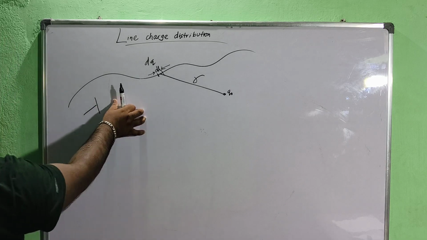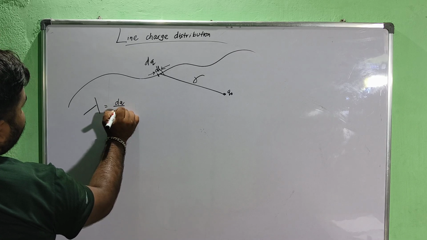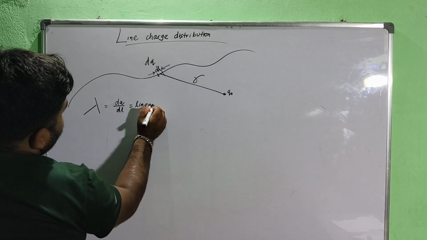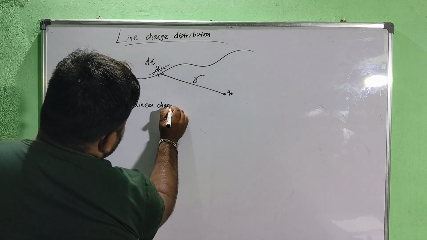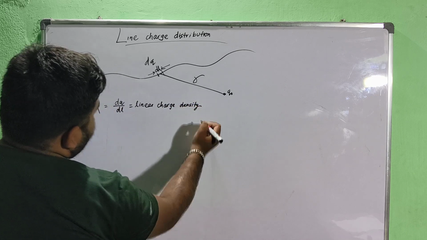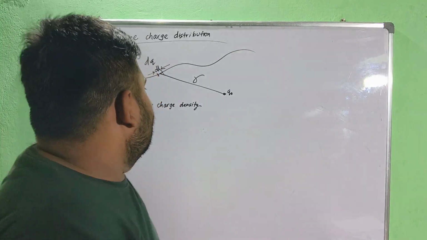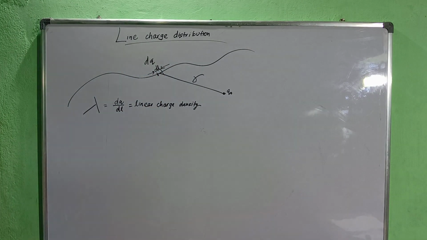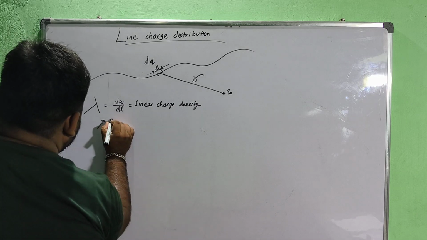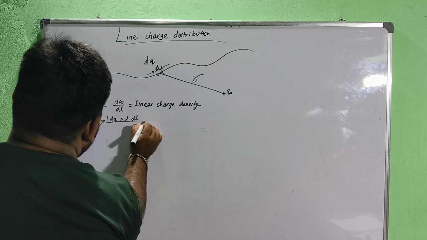So lambda is dq upon dl, the charge per unit length. From this we get dq equal to lambda dl, which we shall require after this.